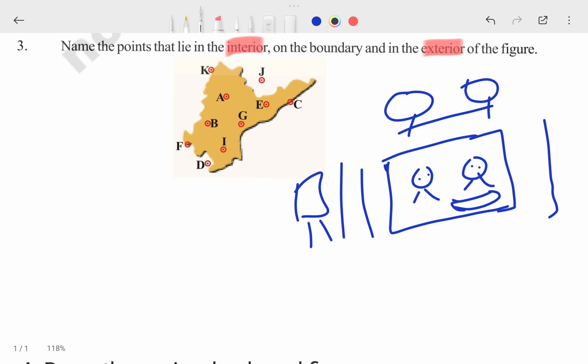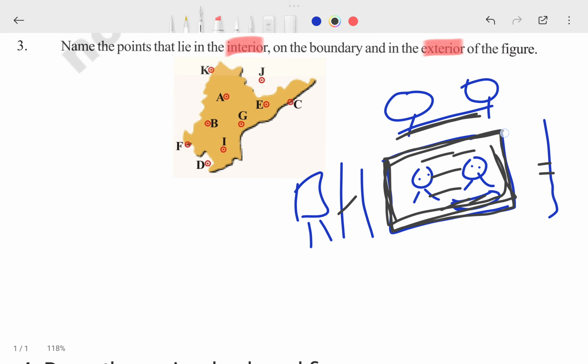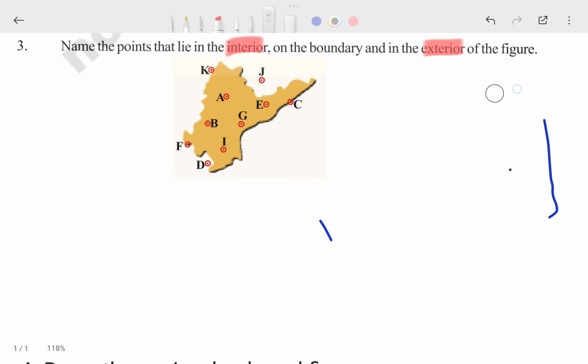So what is interior? This is our park. Inside of the park, whatever things are there, this is called interior. Outside, like the road and these others, these are the exterior. Interior means inside of the boundary, exterior means outside of the boundary. And whatever sits on the boundary is called boundary. Okay, is it clear?